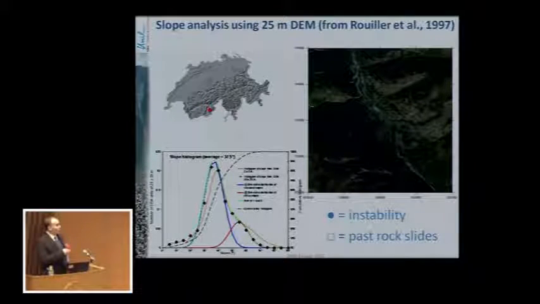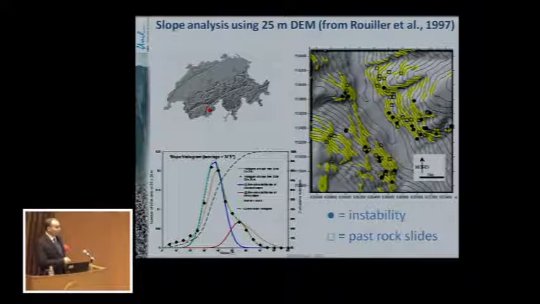Then we decompose this histogram into Gaussian distributions. And you see that after 50 degrees, this cliff family of slopes, as I will call it, is dominant. The idea is that most of the rock instabilities, or rock scars of former instabilities, must be located within this part.